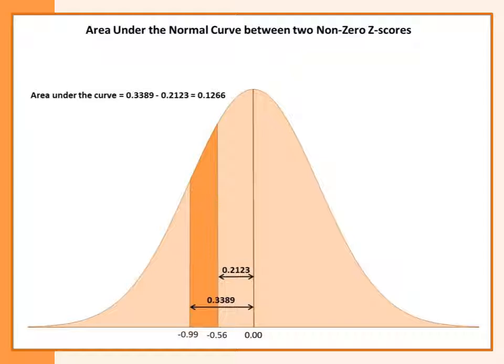Since both z-scores fall on the same side of the curve, we will subtract the smaller area from the larger area. 0.3389 minus 0.2123 equals 0.1266. So the area that falls between a z-score of minus 0.99 and minus 0.56 is 0.1266.